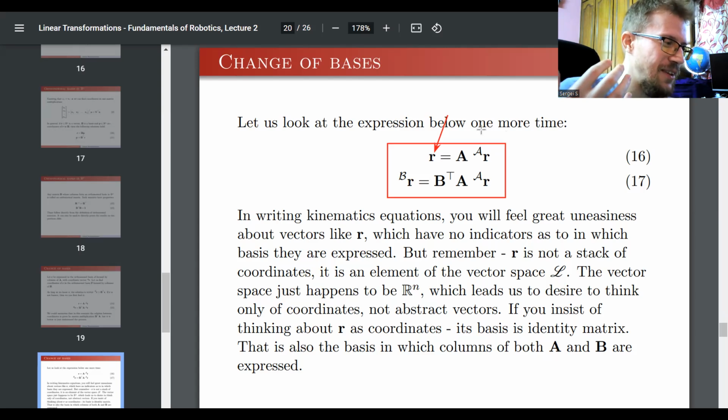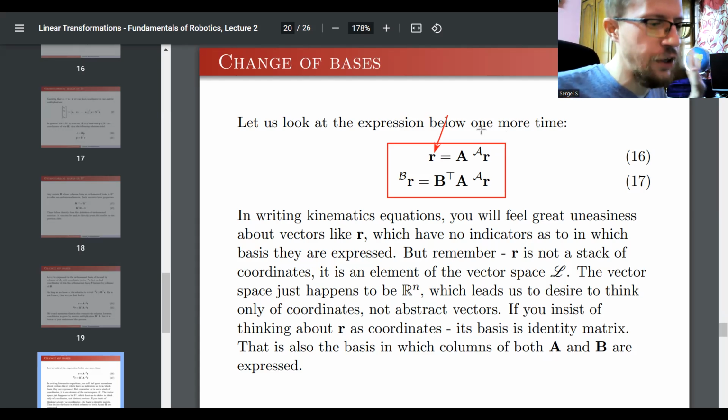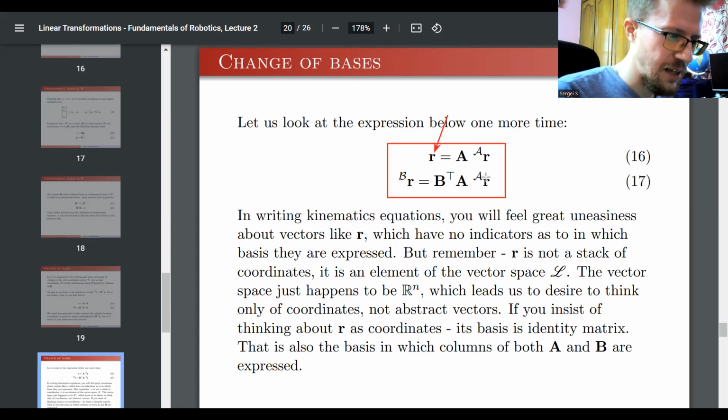But of course, you may still want to say, okay, let us still define coordinates of R. Sure, you can say it is world coordinates or something. You can call its basis something. But if you do, be careful. Its basis, as far as I can tell, would be the identity matrix here.